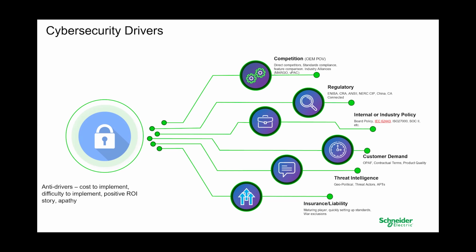What really works is, so this particular version of the slide is written from an OEM perspective, so it's competition. What are our competitors doing so that we can keep up and maintain parity when it comes to cybersecurity capability? But by far the strongest driver in this picture isn't the insurance industry saying you have to be at a certain cyber posture. It isn't threat intelligence awareness.